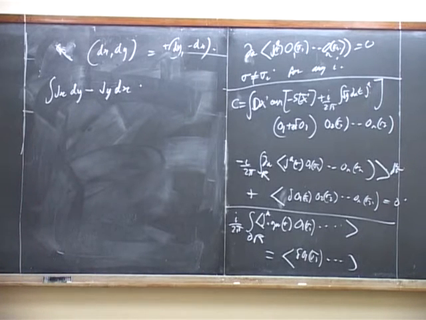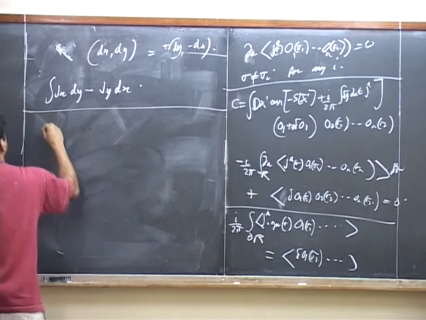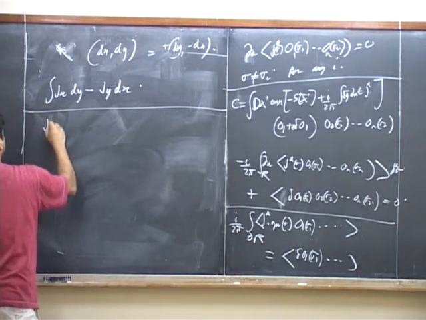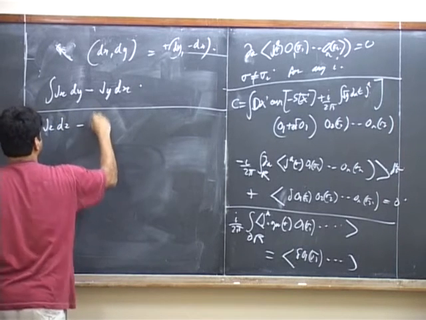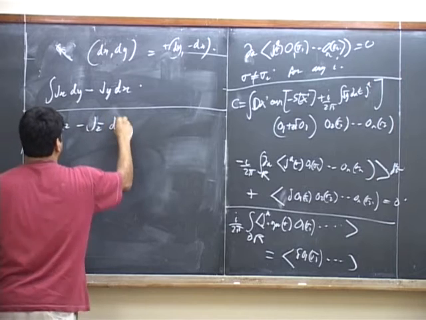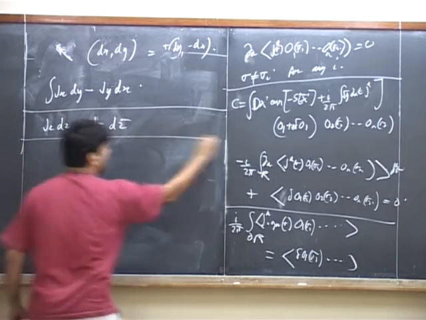Now, I claim this is the same thing as jz dz minus jz bar dz bar, where of course I need to make clear what jz is.